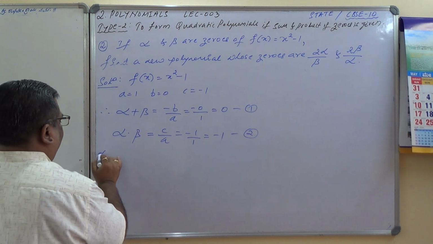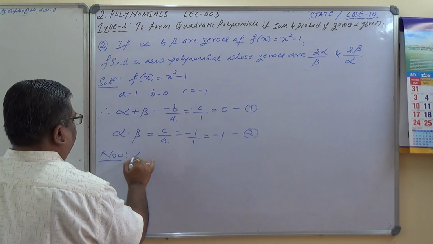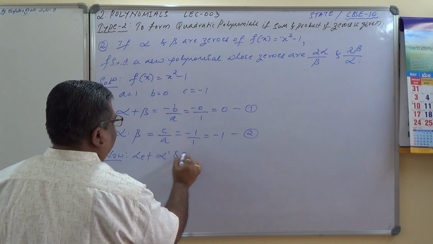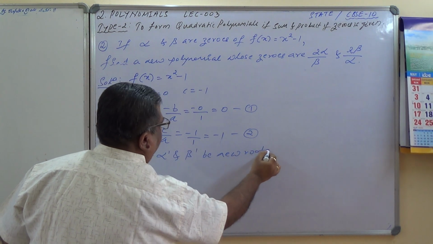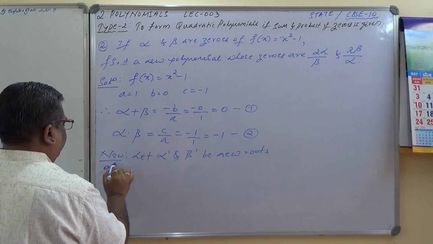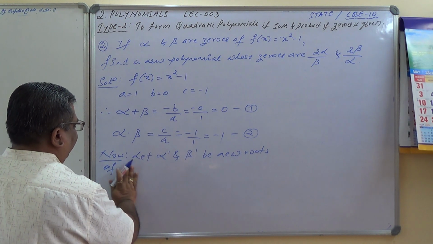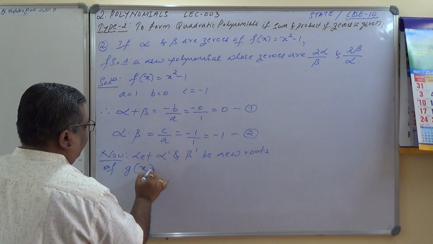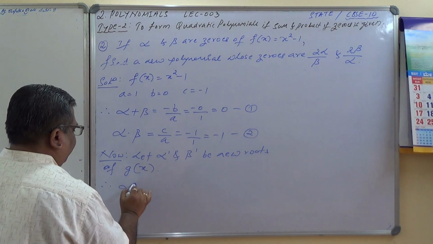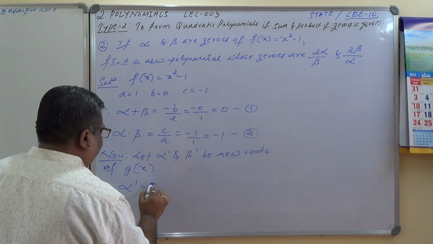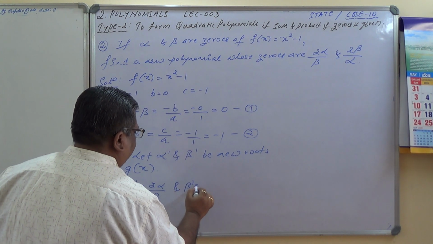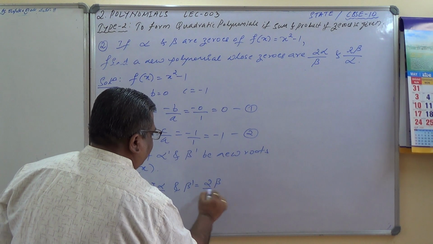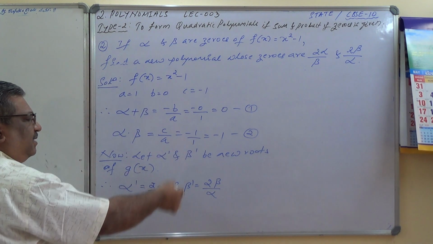Is it clear? Now let alpha dash and beta dash be the new roots of the polynomial g of x. Given alpha dash equals 2 alpha divided by beta, and beta dash equals 2 beta by alpha. So this is given to you.